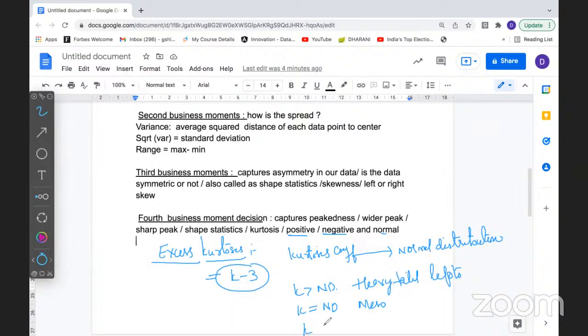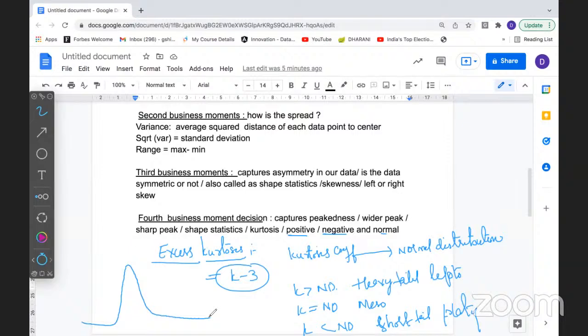Now, kurtosis less than normal distribution, lighter tails or short tails, is platy. So leptokurtic is having very, very long and skinny tails. There are more chances of outliers. Right? More chances of outliers.